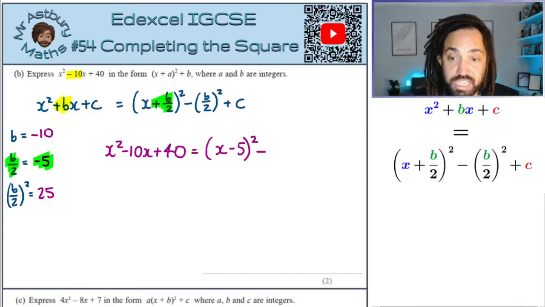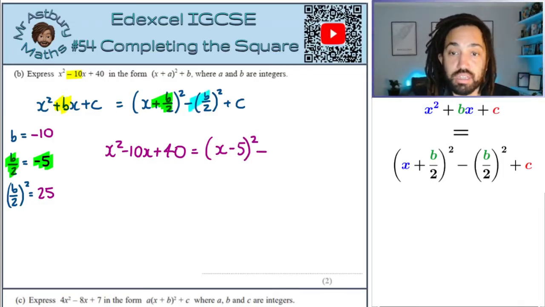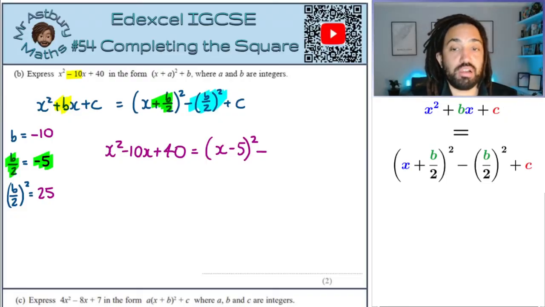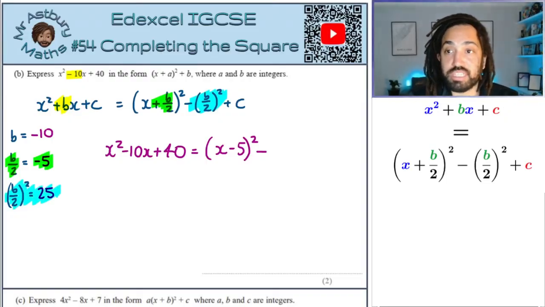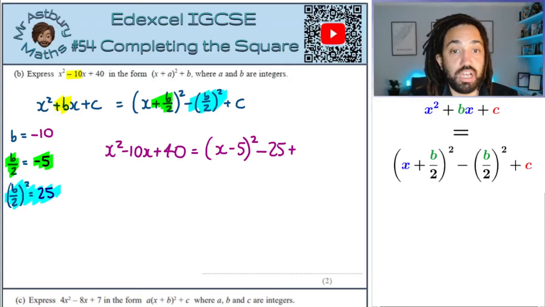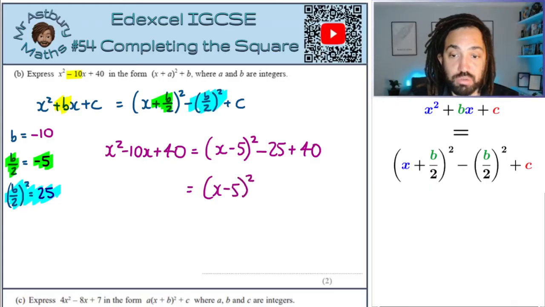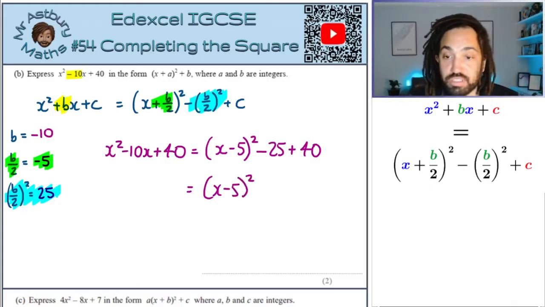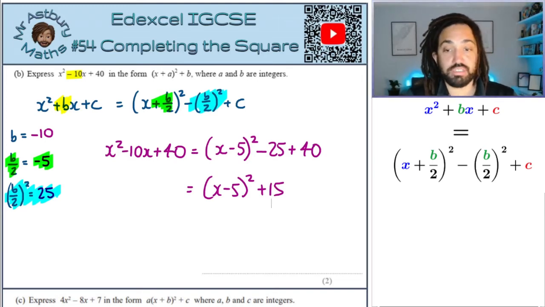And then I'm taking away this b over 2 all squared term, which is 25, so I need to take that away. So I write take away 25, and then plus on the c term, which is 40. Great, so we have x minus 5 all squared, and then we add these two together, that gives us plus 15. Okay, job done.